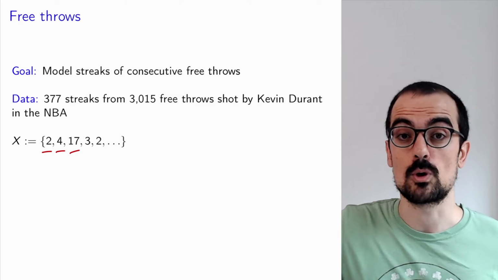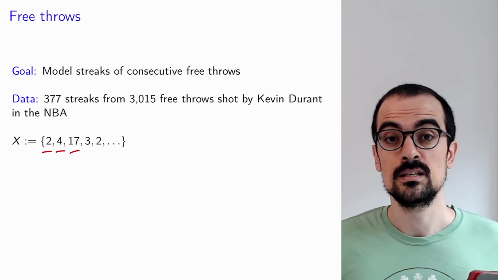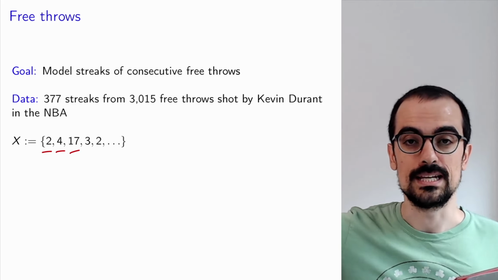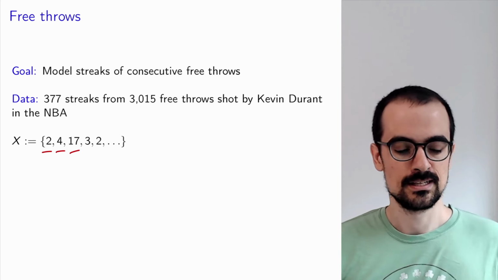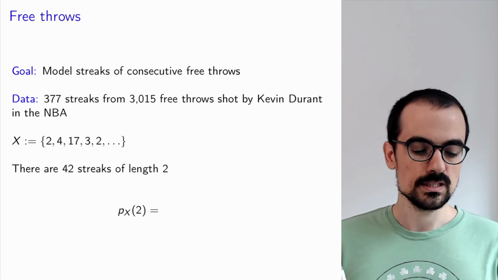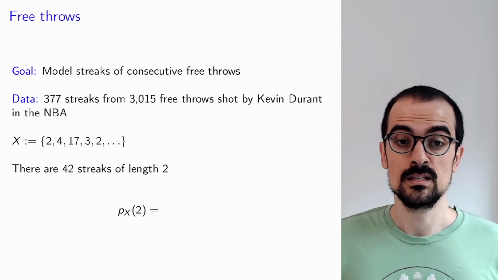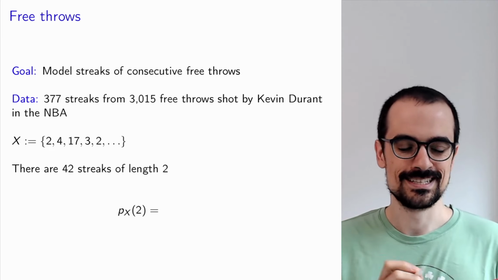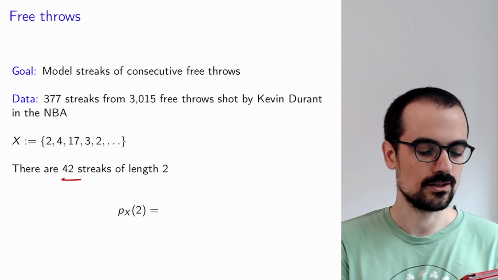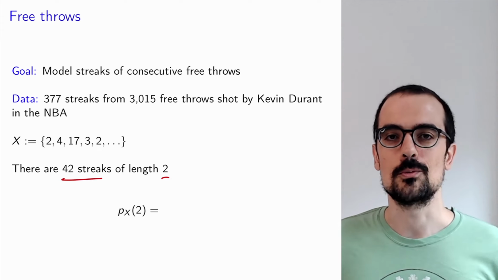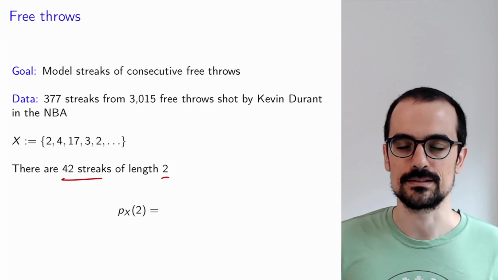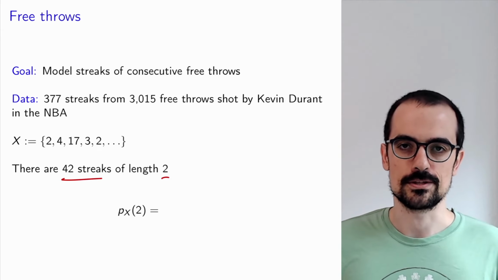And we want to know what's the probability, when he's starting the streak, of obtaining streaks of different lengths. If we apply the empirical PMF, let's see what we get. There are 42 streaks of length 2. So how do we compute the value of the PMF at 2? Again, feel free to pause the video and think about it.